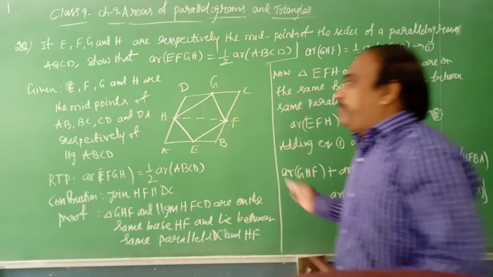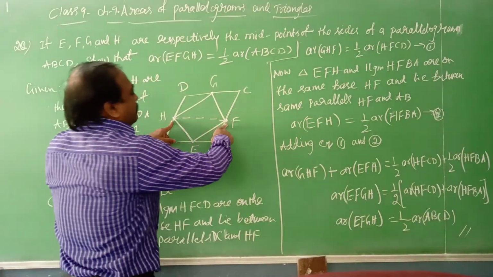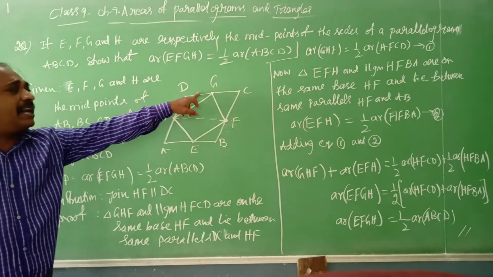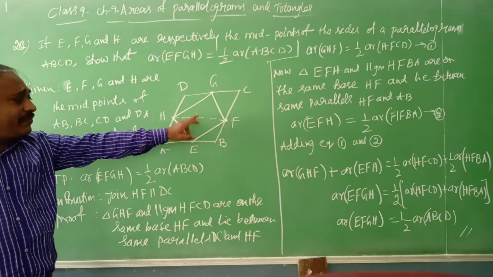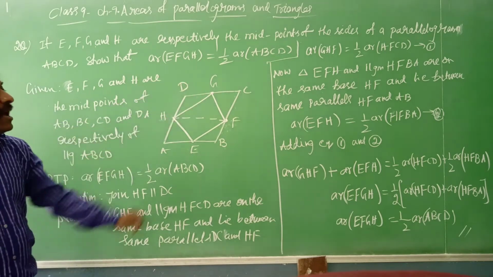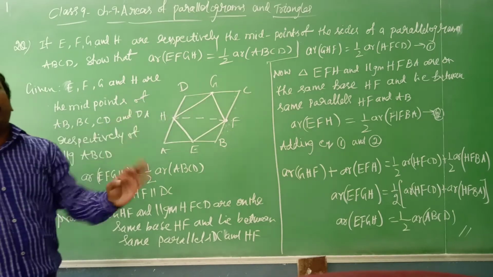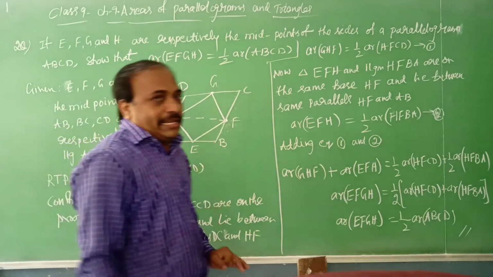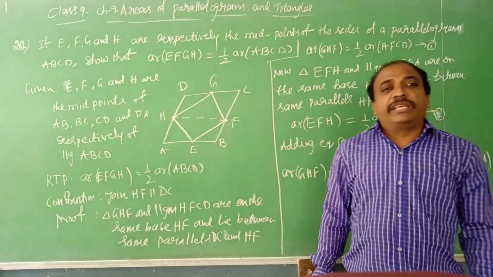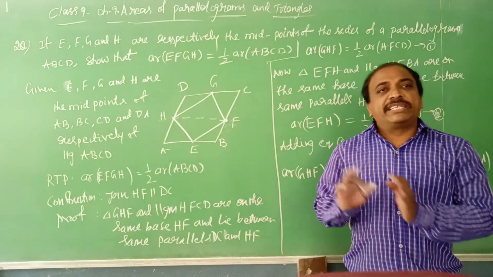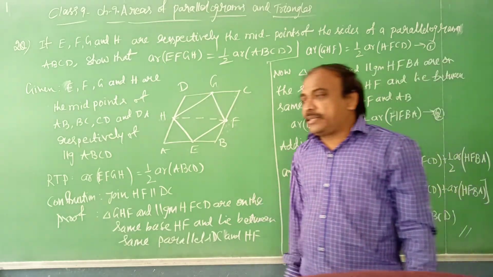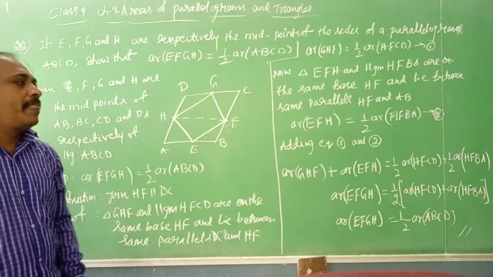When we join the midpoints H and F, the line is parallel to DC and also parallel to AB. So these are two different parallelograms with triangles between them. A triangle and a parallelogram on the same base and between the same parallels: the area of the triangle is half of the area of the parallelogram. By using that concept, we have completed this solution. Is it clear, students? Yes.